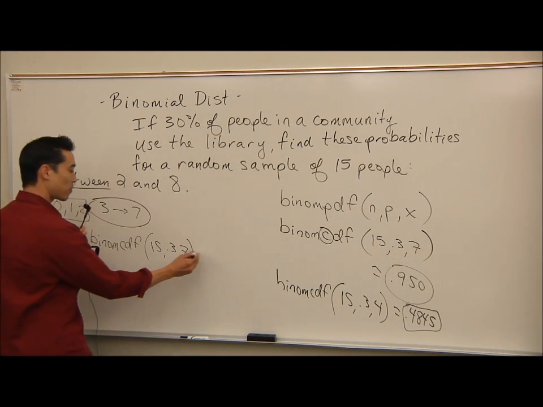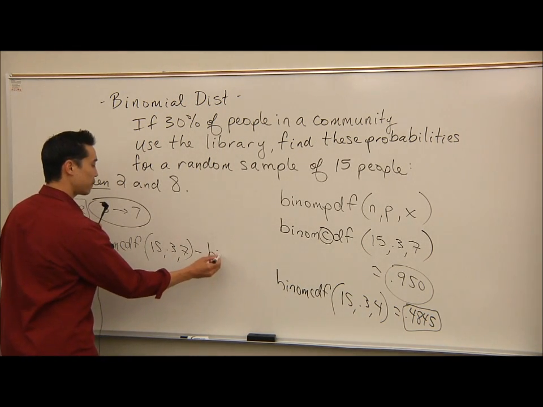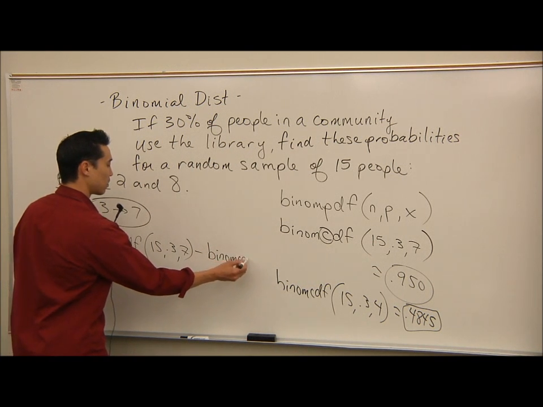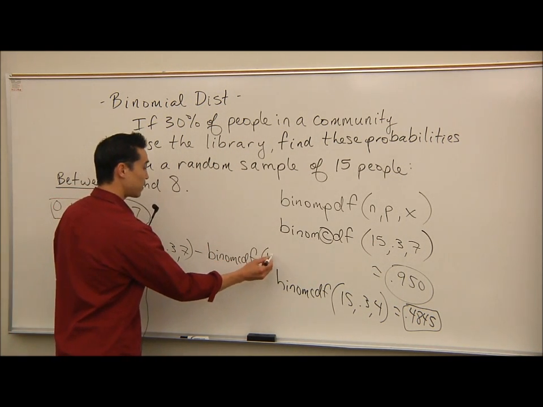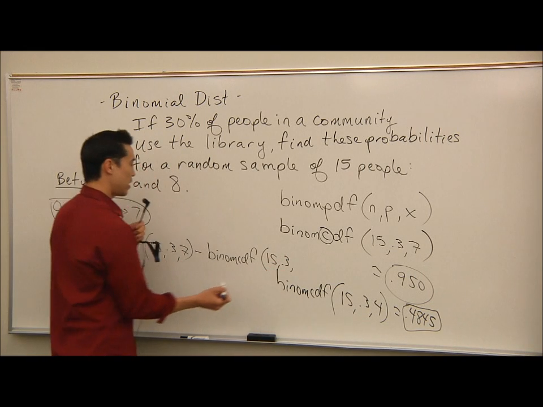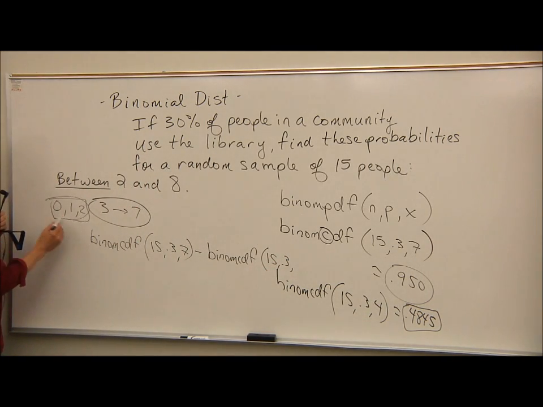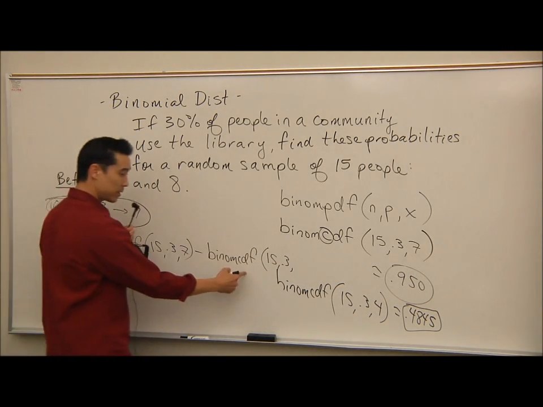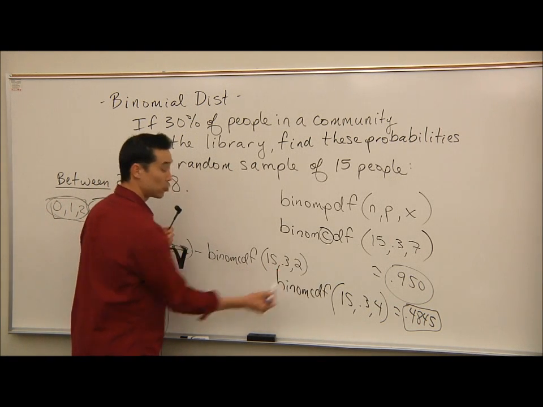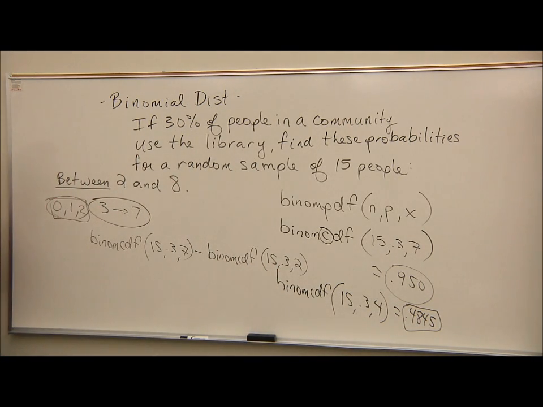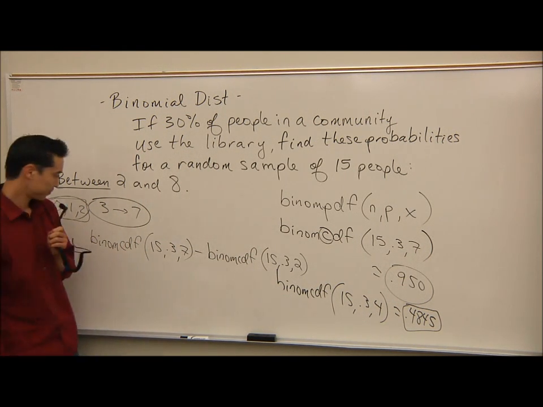Then I'm going to subtract off Binom CDF, still N is 15, P is still 0.3, and look at what I'm subtracting, 0 through 2, right? So Binom CDF 15, 0.3, 2. Go ahead and plug that in your calculator, and that will give you the probability that you want, which is 3 through 7.